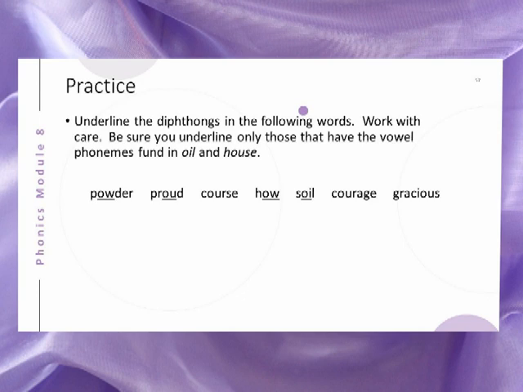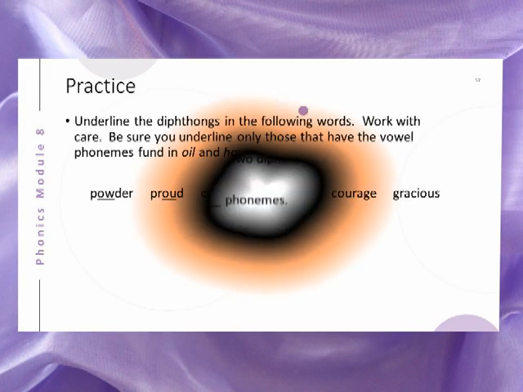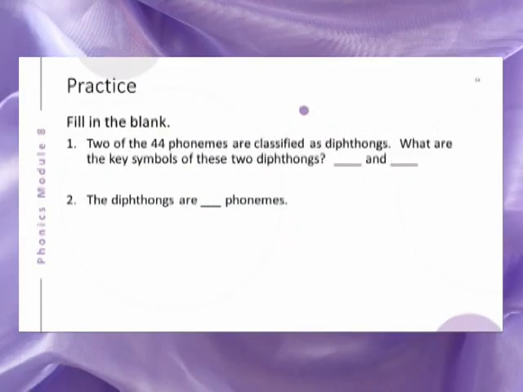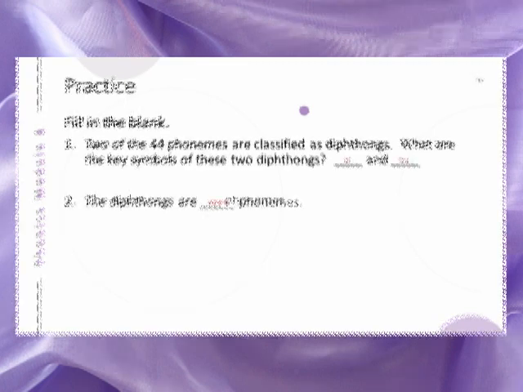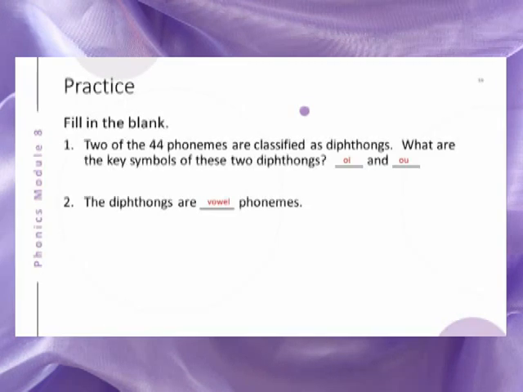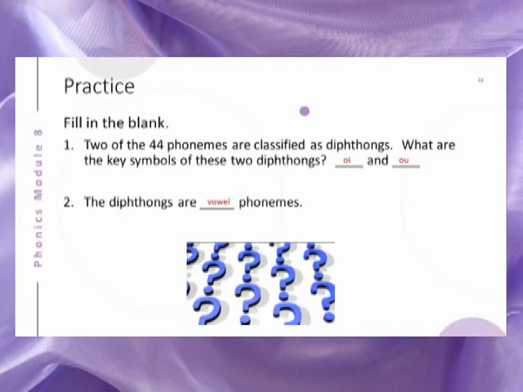How did you do? Did the OU or OW graphemes represent something other than a diphthong trick you? Oh no! Fill in the blank. Here are the answers. Could you do it without looking back or forward for the answers?